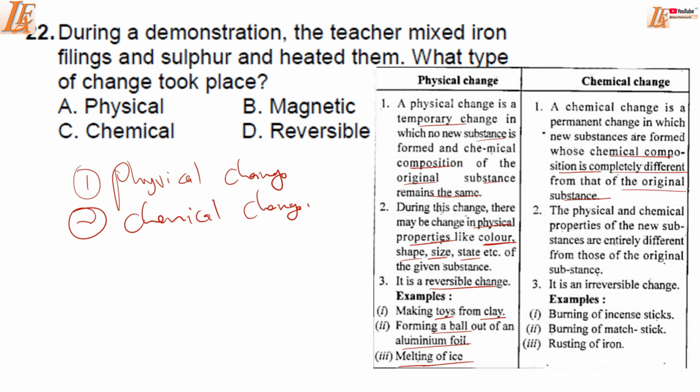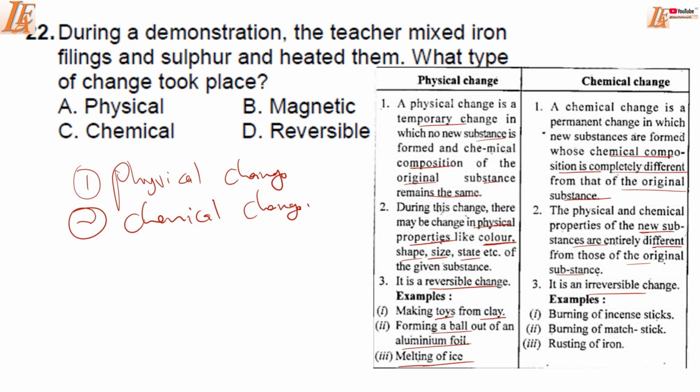Another thing about chemical change is that the physical and chemical properties of the new substance are entirely different from those of the original substance. Then the third characteristic is that the process is irreversible. It can never be reversed.